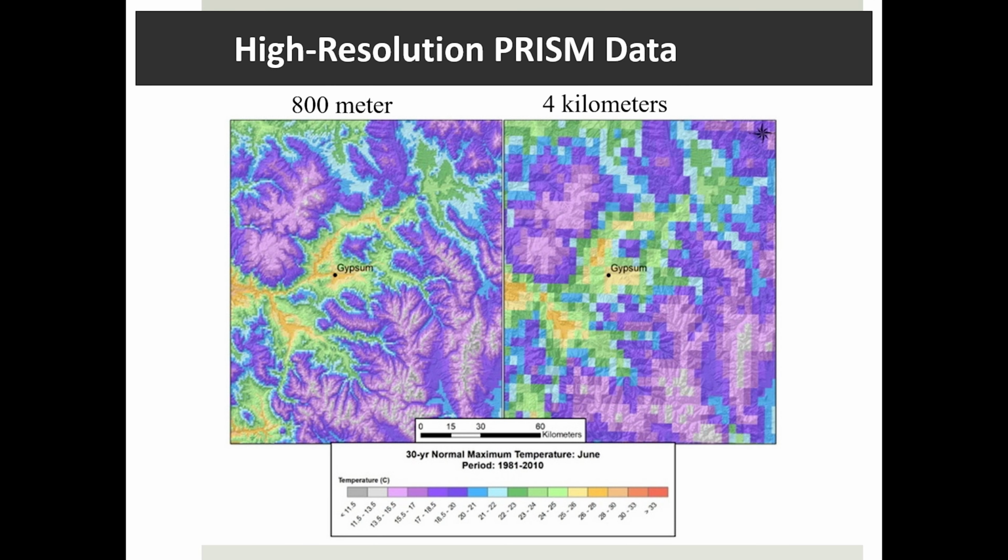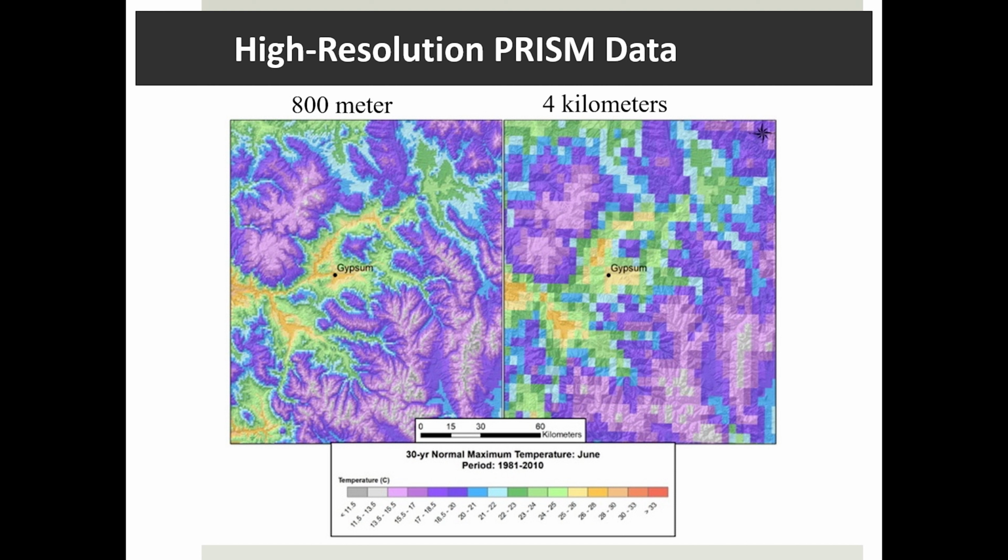So as I said, we are using this PRISM 800 meter resolution data, and just to compare, if you have 4 kilometer grid versus 800 meter grid, you have more detailed information. And especially when we think about the topography in California, if we have better resolution in terms of weather, it's always useful.